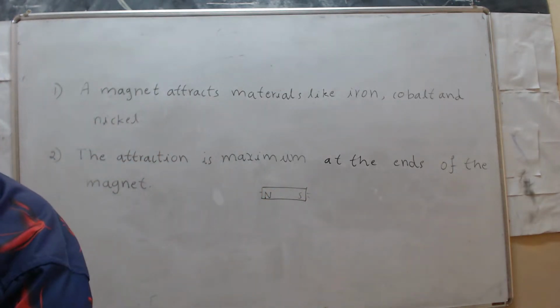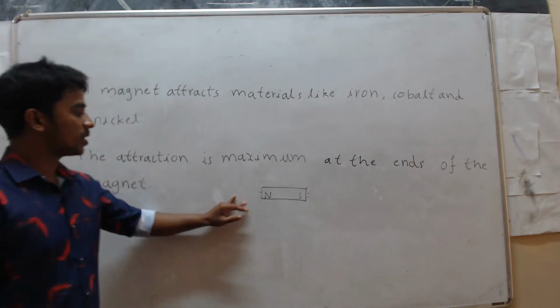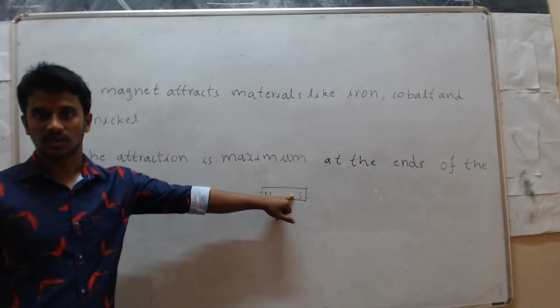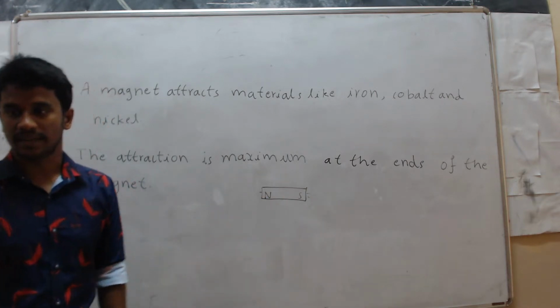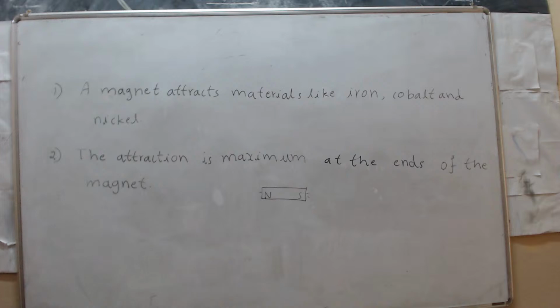Why? Because at the ends, more magnetic field lines are there. We'll discuss later why it is stronger and why it is weaker.